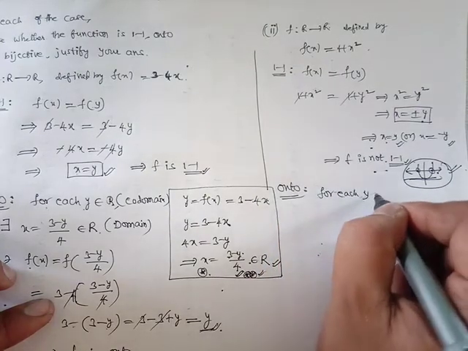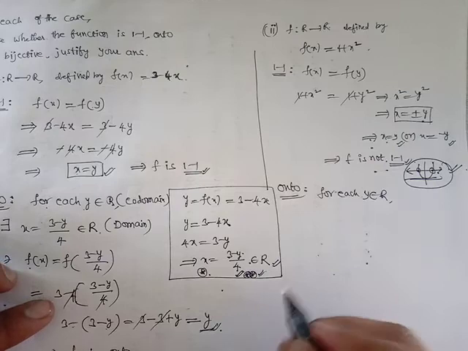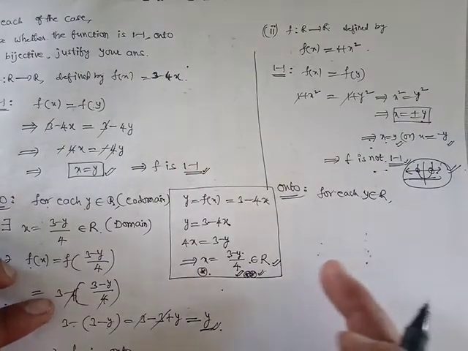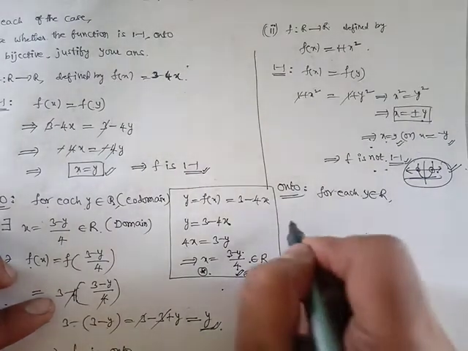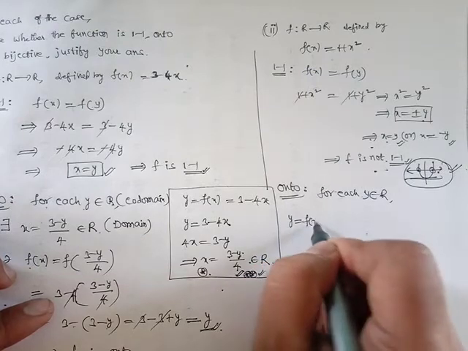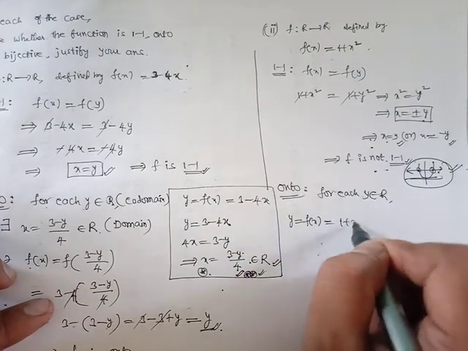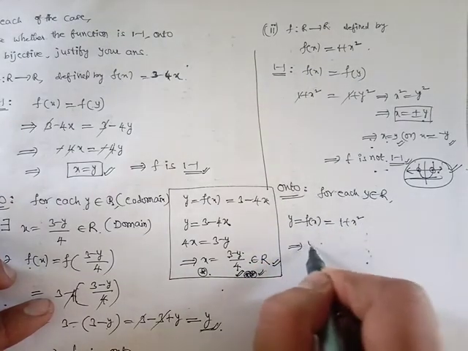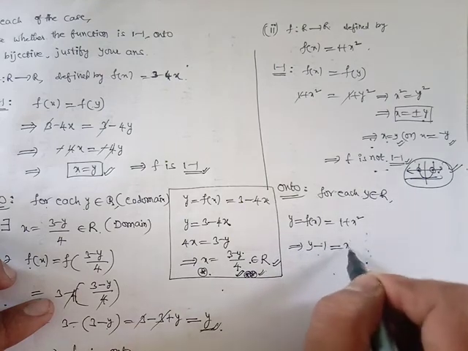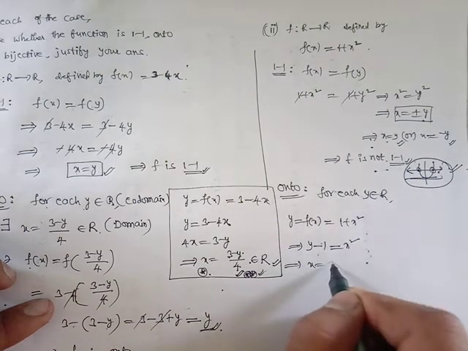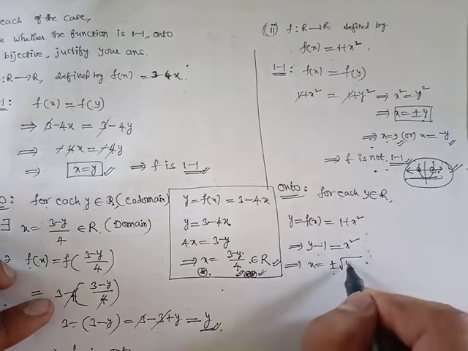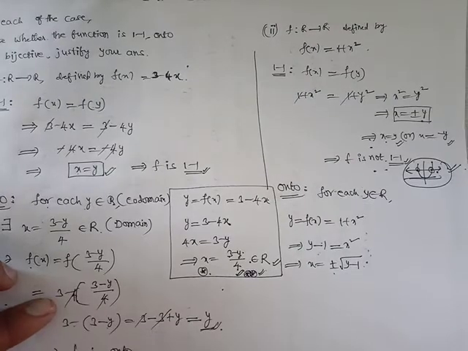For each y belongs to R, the same way as in the previous question, make y = f(x) = 1 + x². This implies y - 1 = x². Then x = plus or minus the square root of y - 1.